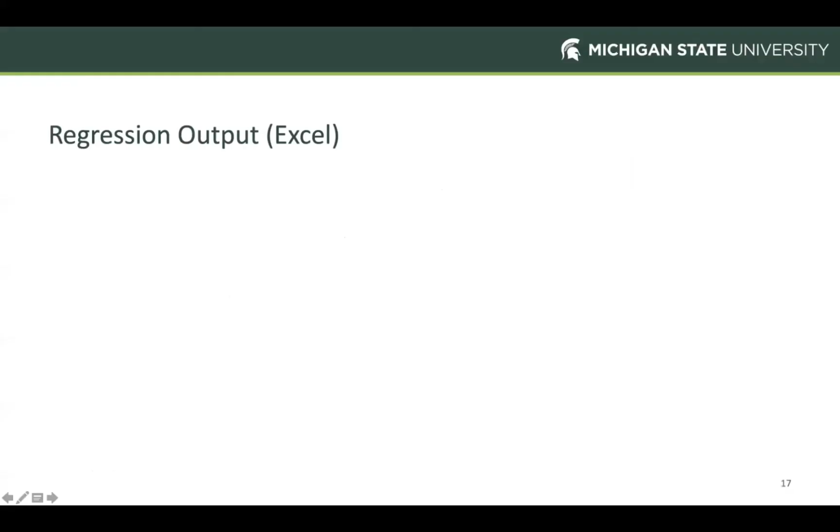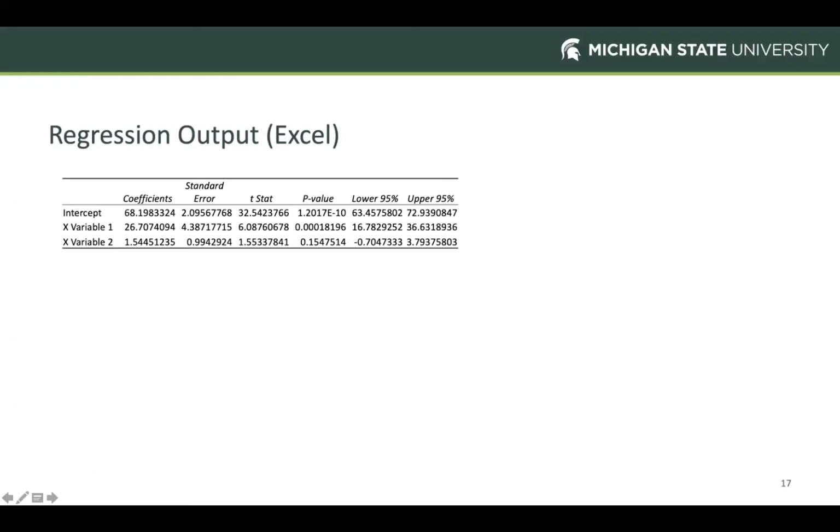Okay, pulling it back into our PowerPoint, first of all, in the output results we see our respective betas. Our intercept term is 68.19, our slope that corresponds to rumble strip depth is 26.71, and then there is the measurement of whether this is a chip seal or HMA pavement.